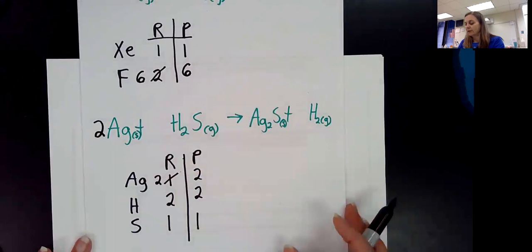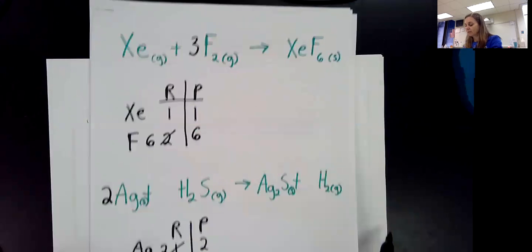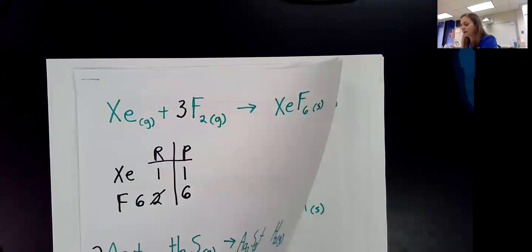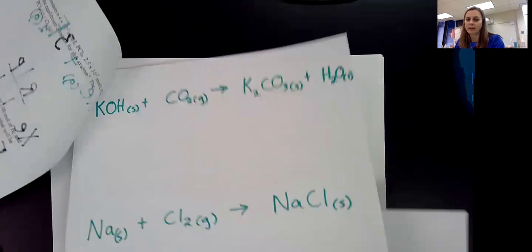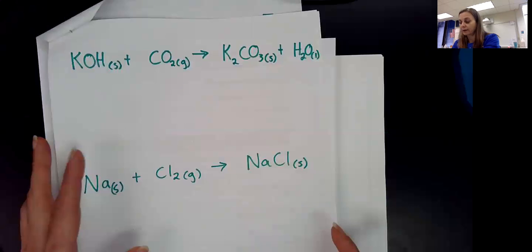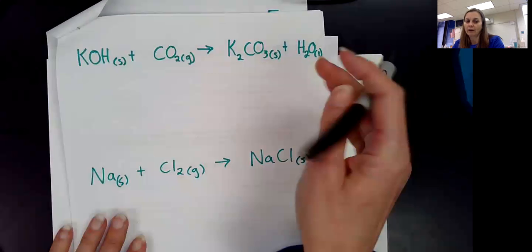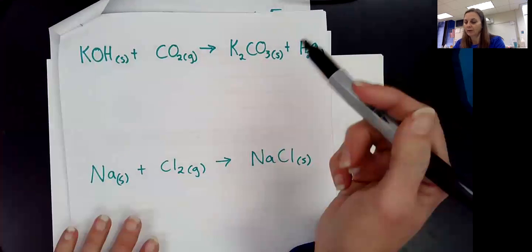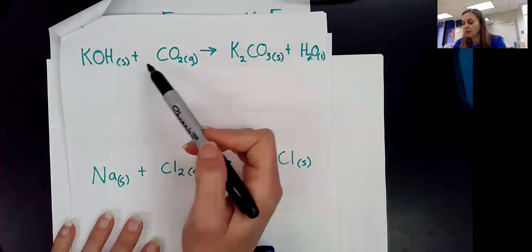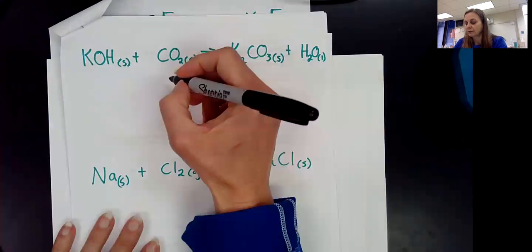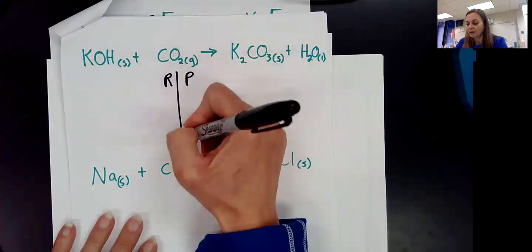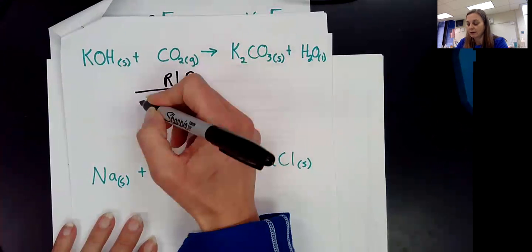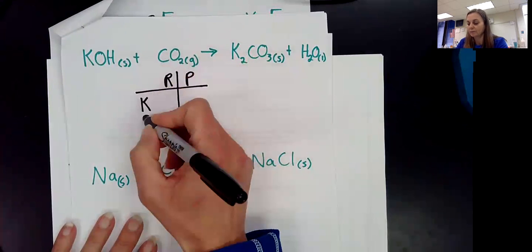All right, walking through the next couple of problems. This one gets just a little bit trickier because now we have 4 elements and we have oxygen in multiple compounds. So again, we're going to make our T-chart, reactant side, product side. I have potassium, I have oxygen, I have hydrogen, and I have carbon.